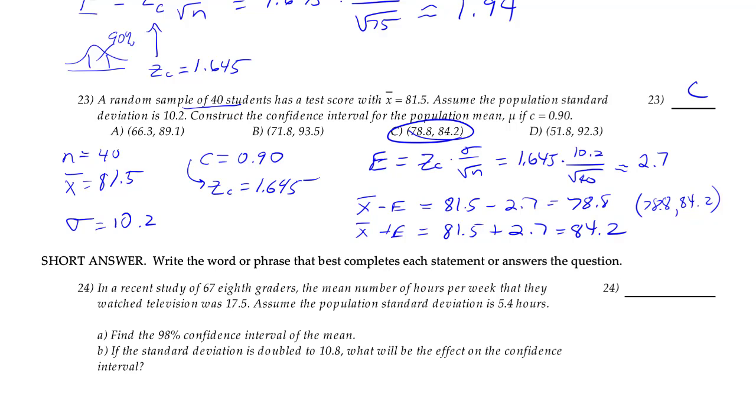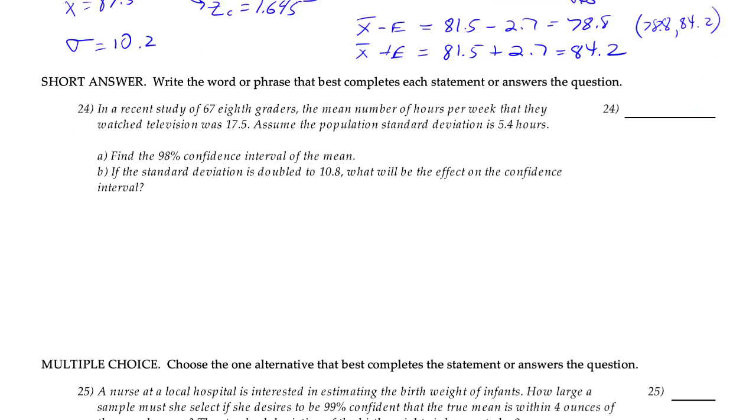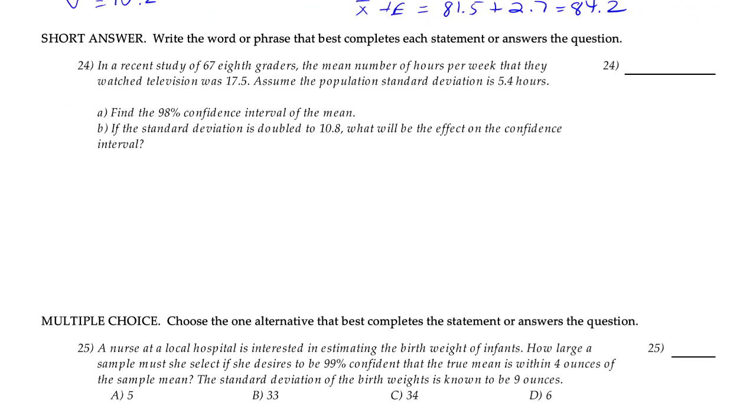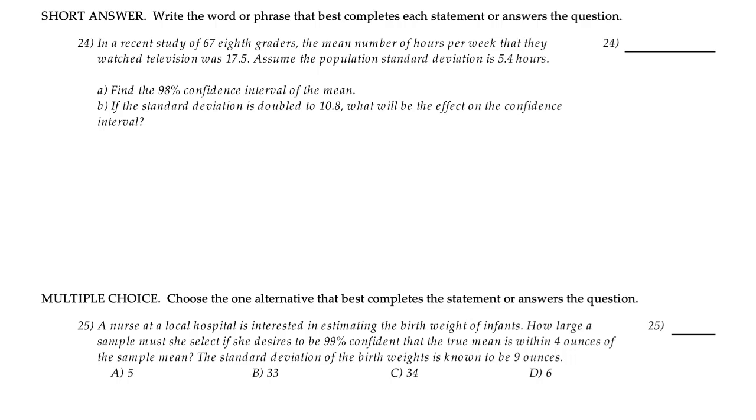All right, let's see. Recent study of 67 eighth graders, mean number of hours per week they watched was 17.5. Assume the population standard deviation is 5.4 hours. All right, so the first thing that we're going to get is a 98% confidence interval. What have they told us? They've told us that n is 67, x bar is 17.5, and sigma was 5.4.